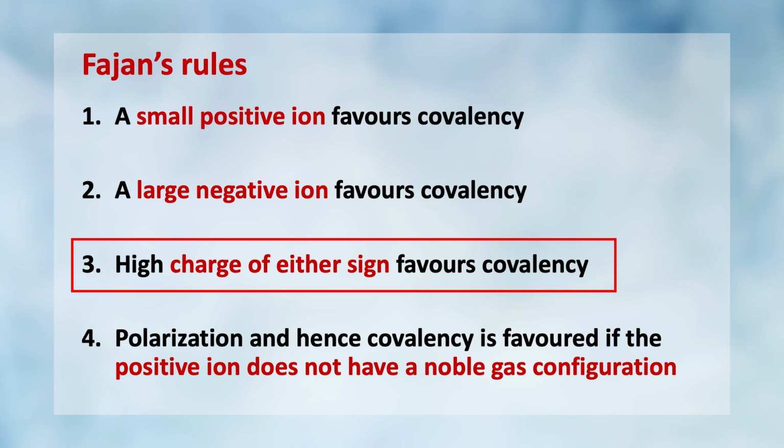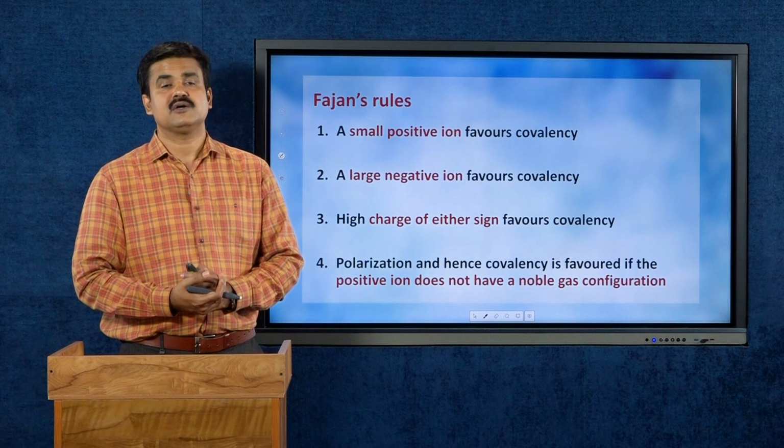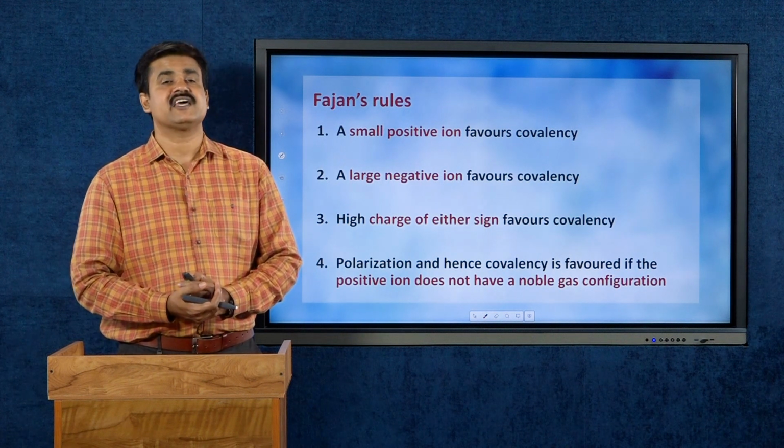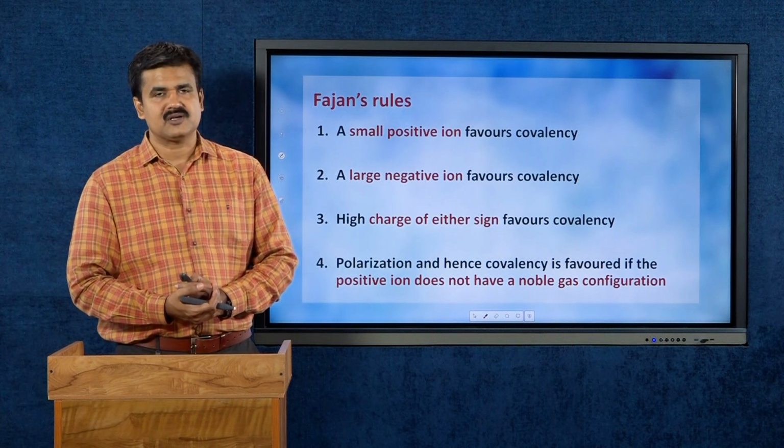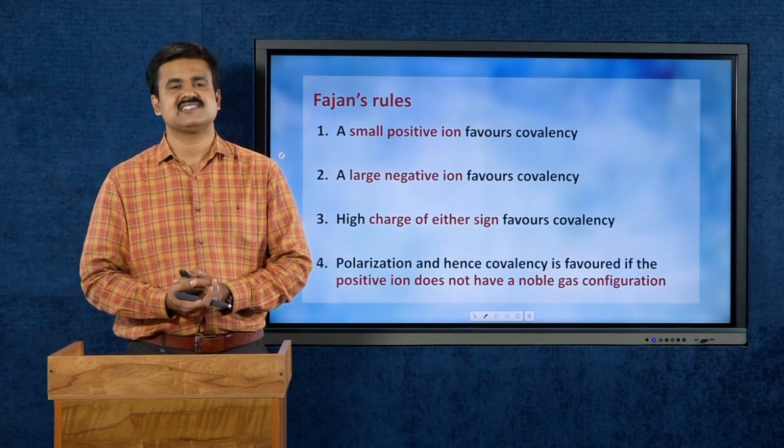That means high positive charge or high negative charge favors covalency. And the last statement is: polarization, and hence covalency, is favored if the positive ion does not have a noble gas configuration. Having a very important role in predicting the covalent character of an ionic compound or an ionic bond, these 4 rules are highly relevant and most significant.